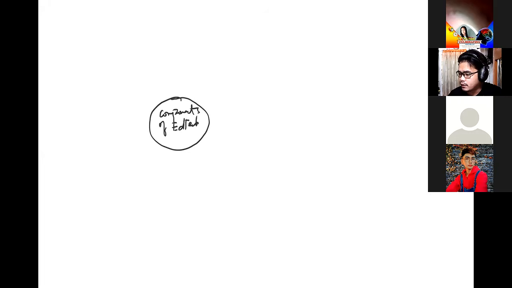Okay, what are the components of educational technology? Can you see the whiteboard? Okay. Yes, sir. The first component of educational technology is resources. The second one is teaching strategies.